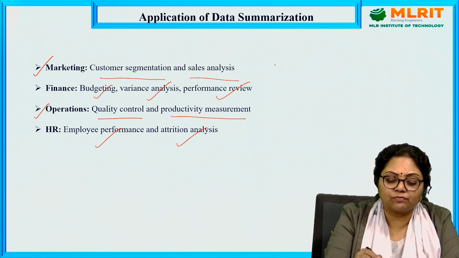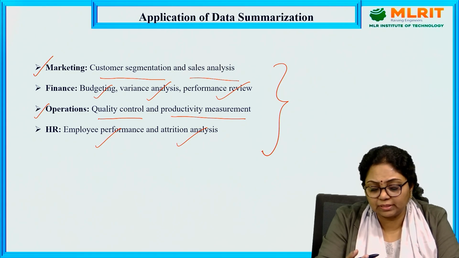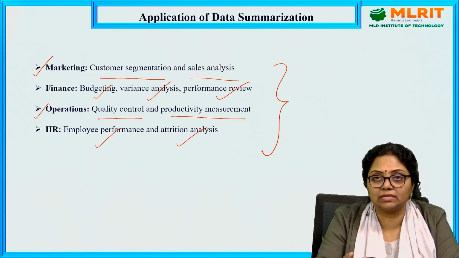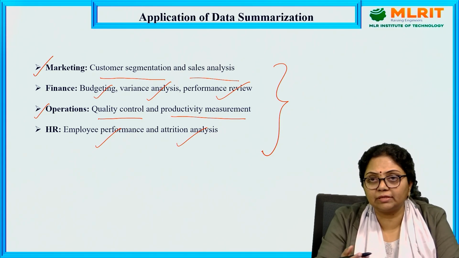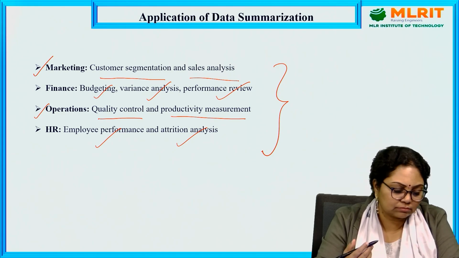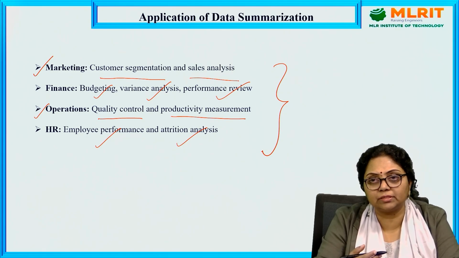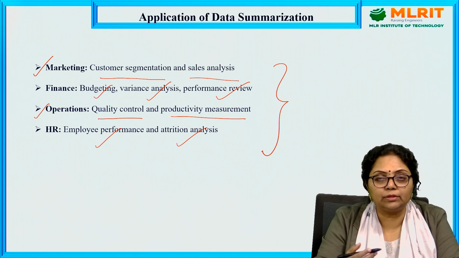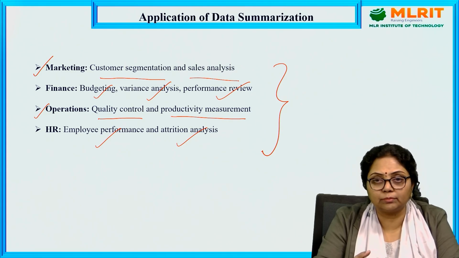So in these four fields, we use summarized data for customer segmentation and sales analysis in marketing, and budgeting, variance analysis, and year to year performance review in finance. In the operations area, we use the summarized data for quality control and productivity measurement.